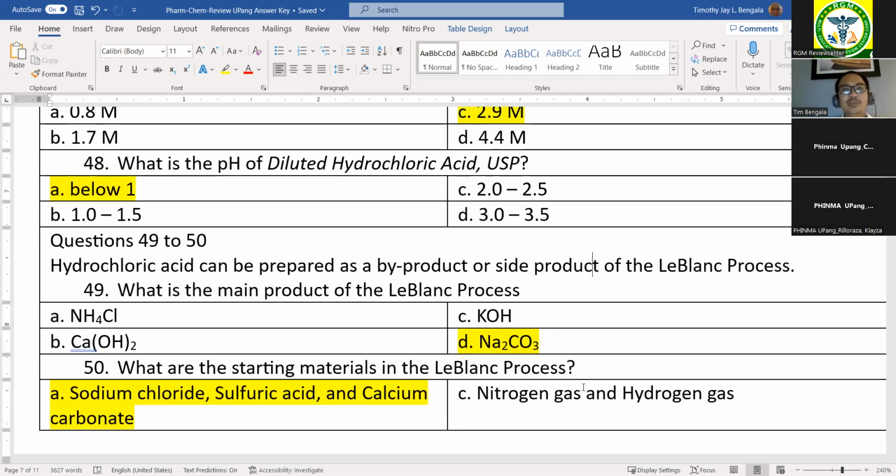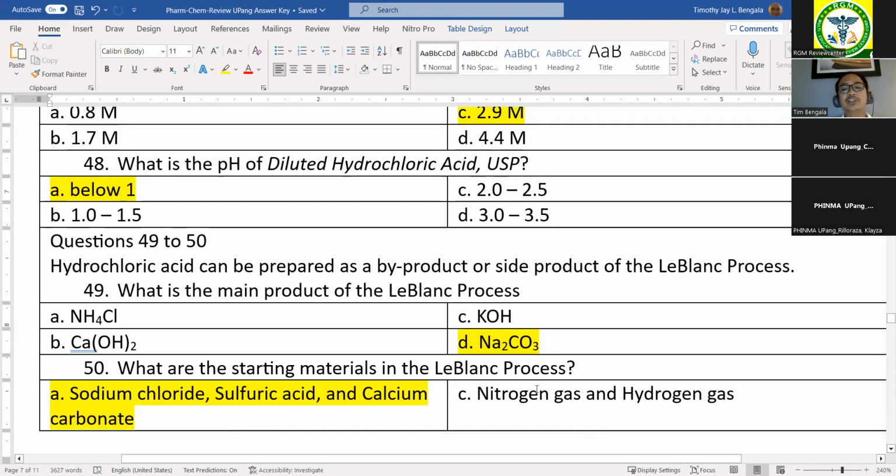For the Solvay process, yung ammonia plus bicarbonate, yung ammonium bicarbonate yung ginagamit mo. So ito, sodium chloride, sulfuric acid, kaya meron kang nagiging product na hydrochloric acid. Tapos yung side product, yung sodium sulfate na product mo, i-react mo with calcium carbonate to produce your sodium carbonate.